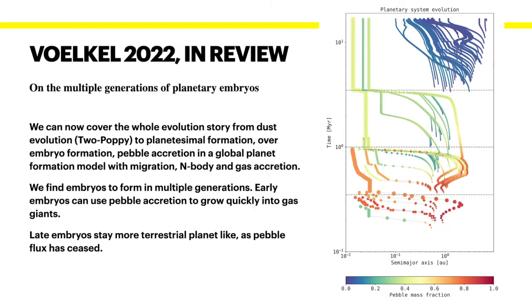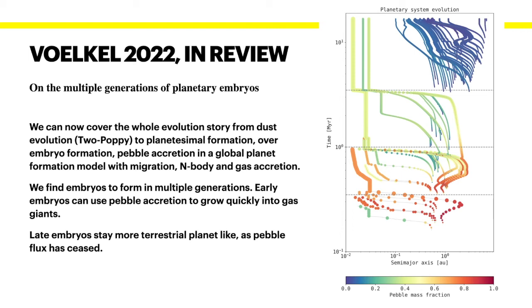So in this planet formation model, based on the model tools they developed in Bern, we have now included the evolution of dust to pebbles by the two-pop-py method, from pebbles to planetesimals with our prescription, and with the additional prescription from planetesimals and pebbles to embryos.